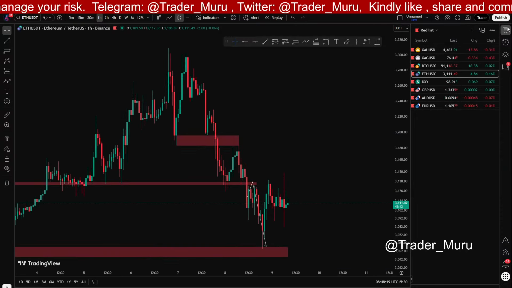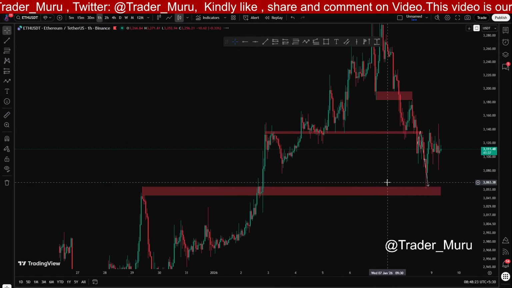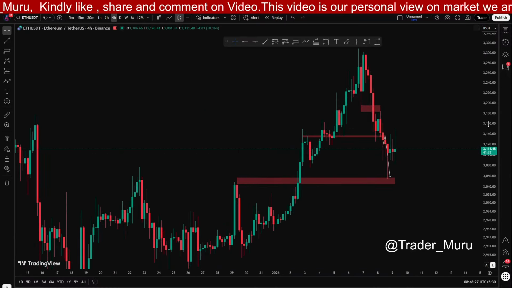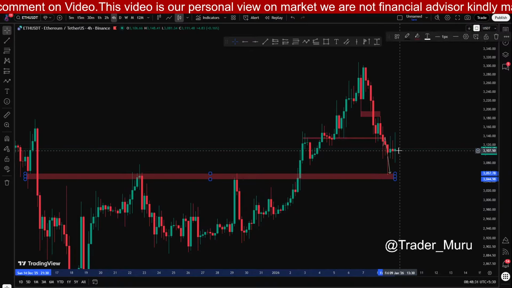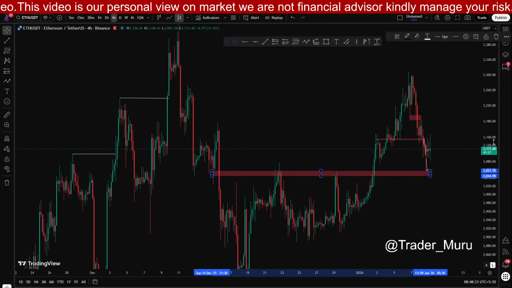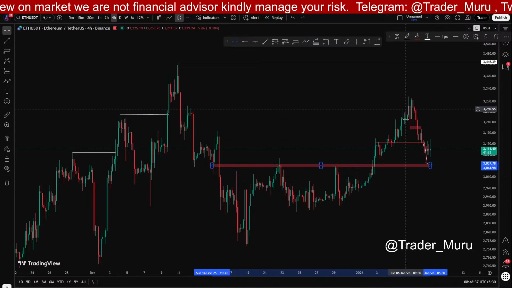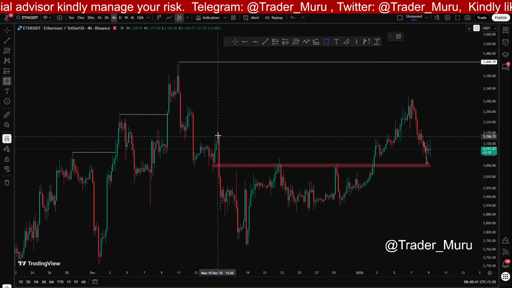Ethereum. Our plan was perfect in Ethereum. It has tested 4-hour structural areas, this one, and now it is bouncing. The major bounce from this area always leads to the target of this zone here.